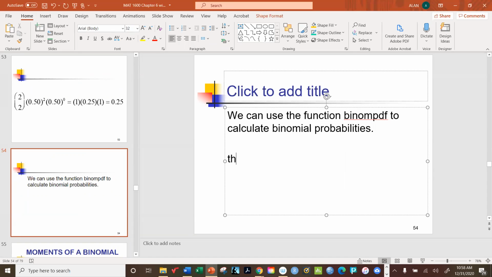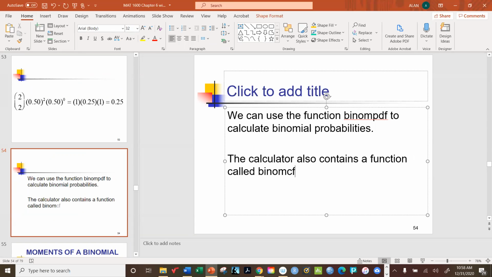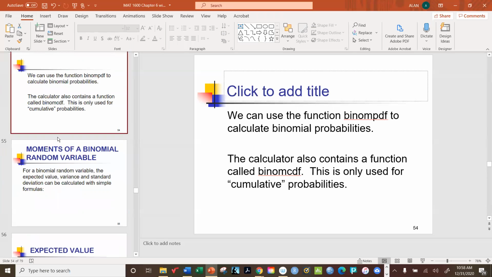But the calculator also contains a function called binom CDF. This is only used for what are called cumulative probabilities.